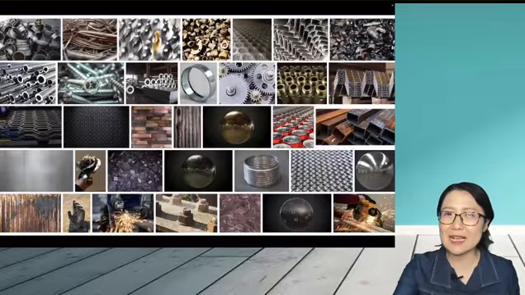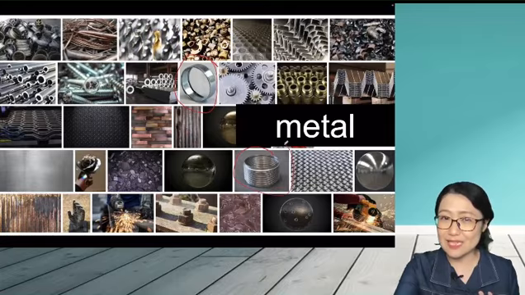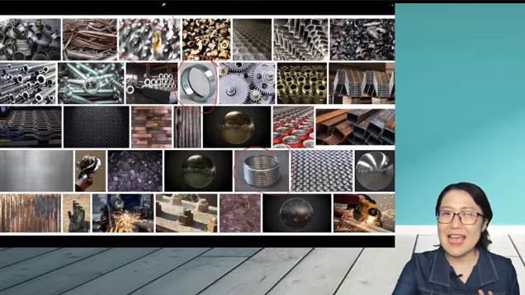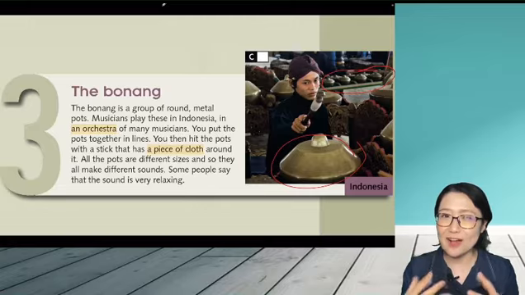So what is round? Round 指的是圆形的，对不对？ Metal, what is metal? So like this. You see, this is metal and this is metal, right? And this is metal. Okay? And you see, round metal pots 就是圆的金属的那种锅, okay?